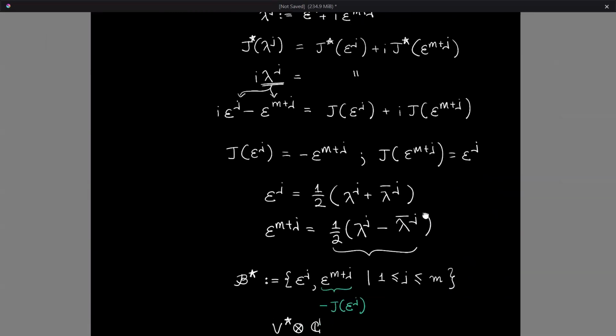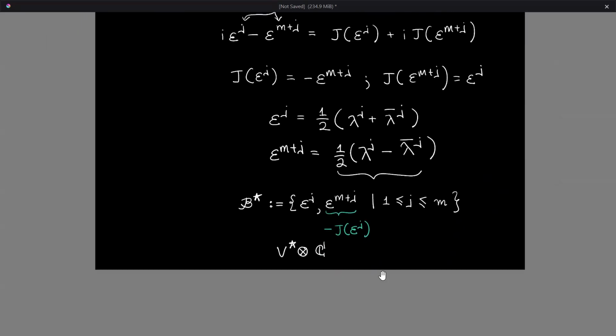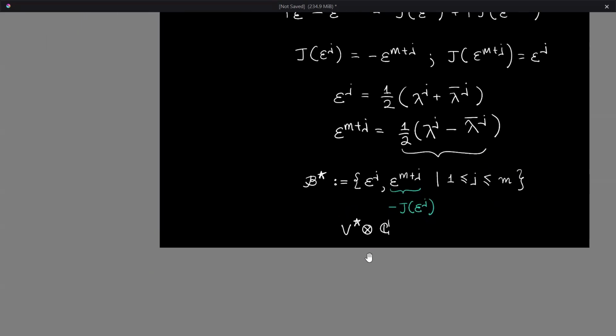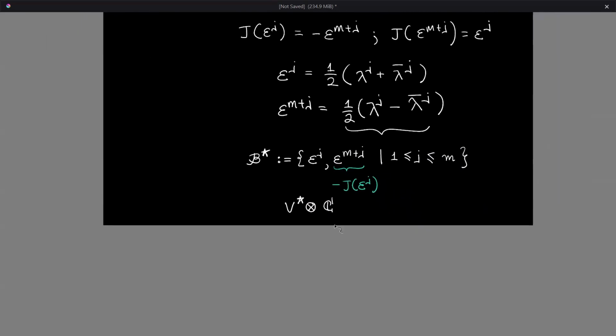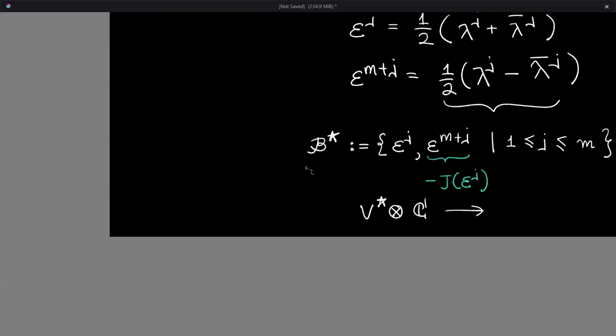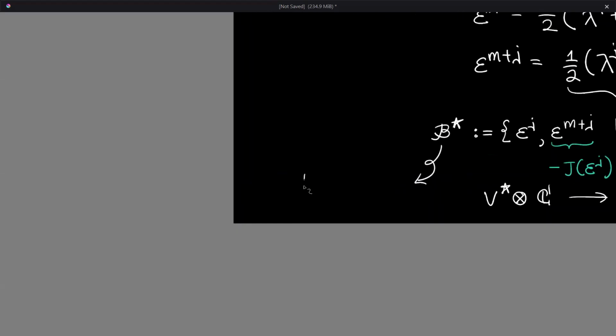And so we've constructed the covector basis. So B star is a basis of 2m covectors.